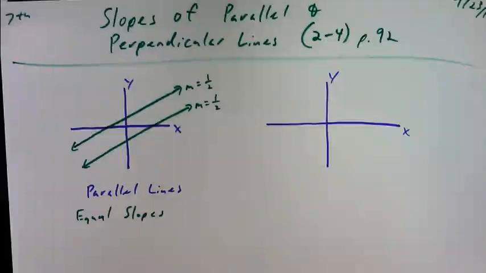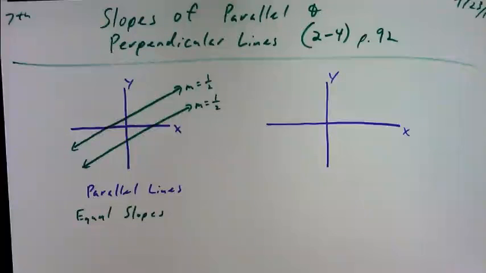All right, so let me read you the theorem straight out of our textbook. Hopefully you already have all these theorems done because they're on your vocab. Let me find the right one here. All right, so this was theorem 2-13. Two non-vertical lines are parallel if and only if their slopes are equal, period.